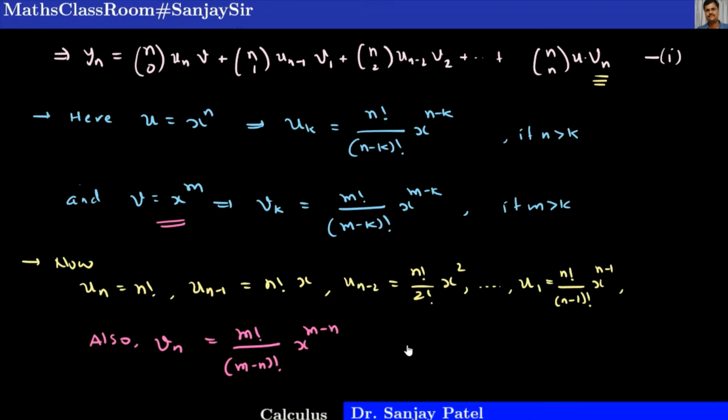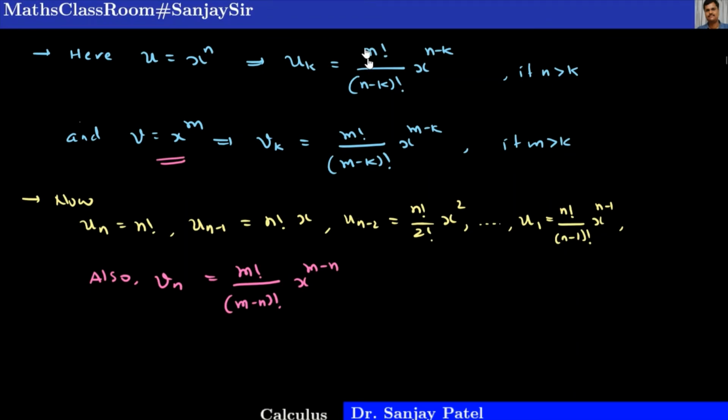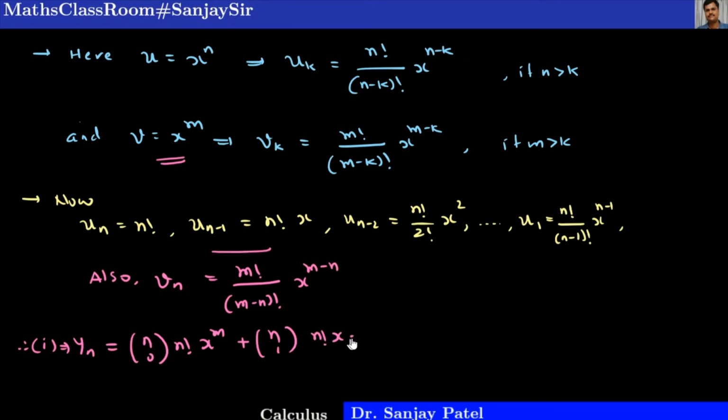Now putting all these values in this result 1, we get yn is equal to nC0 into un, that is n factorial, into v, and v is x raised to m, plus nC1 into un minus 1, which is this, so it is n factorial into x into v1.